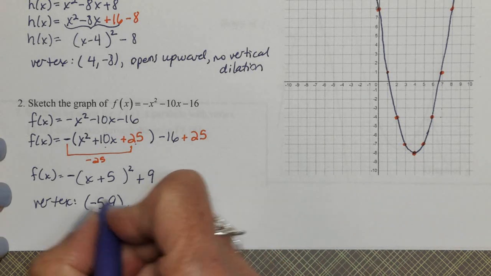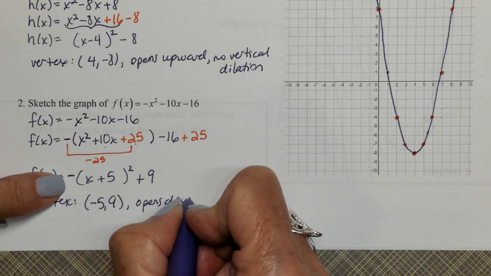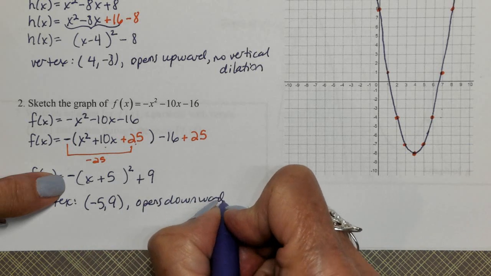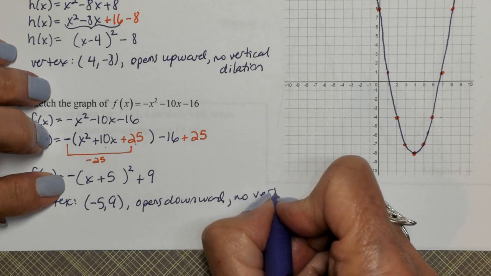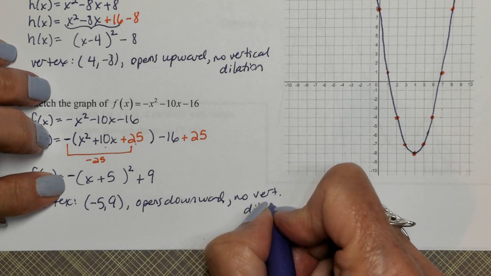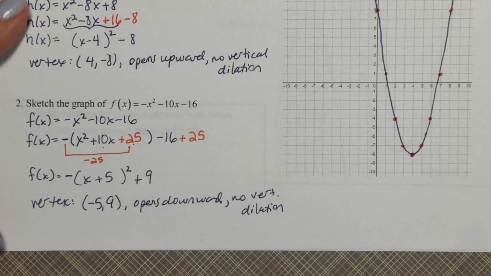And this parabola is opening downward. And again, no dilation, because it's just a 1, negative 1, but it's just a 1.